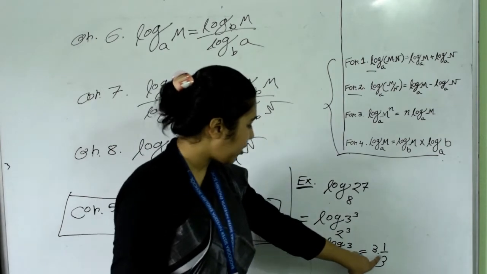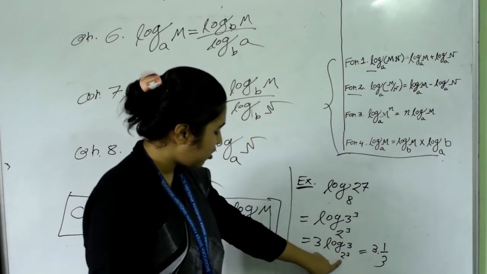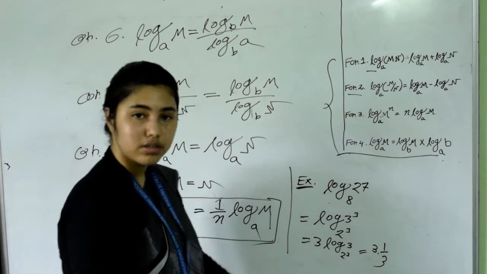We have to multiply 1 by 3 because we have power in base.